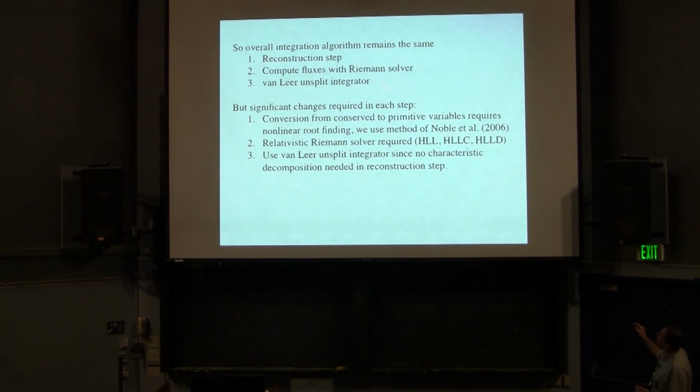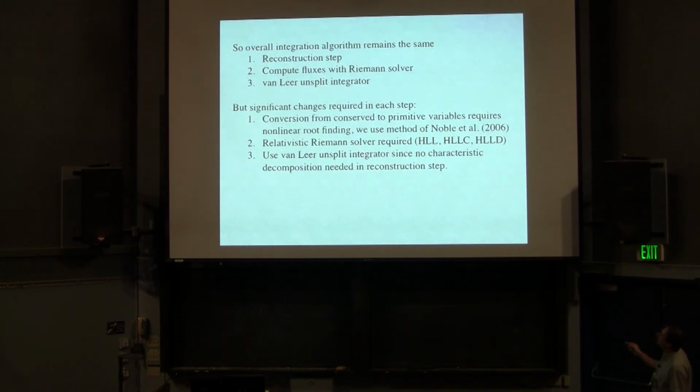And then you have to change the Riemann solver to be a relativistic Riemann solver. But again, in the literature, there are many exact and approximate Riemann solvers for relativistic hydrodynamics and MHD. So you replace the Riemann solvers you're using for Newtonian flows with the appropriate Riemann solvers for relativistic flows.